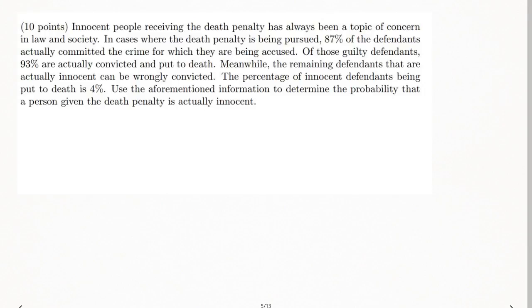So, this is actually another problem. I mean, obviously, you never want to have innocent people being put to death. So we have the probability that a person is innocent, given they are given the death penalty.